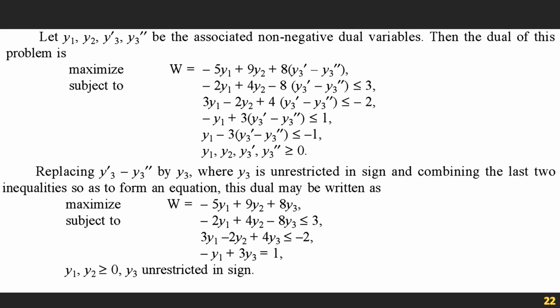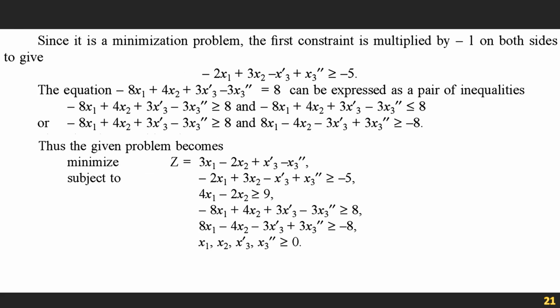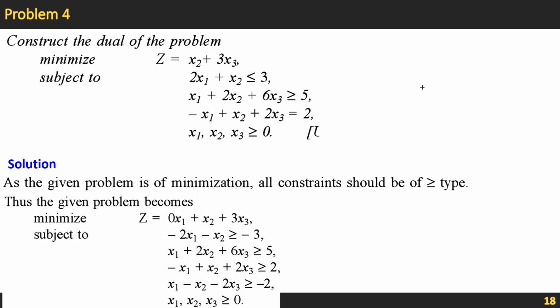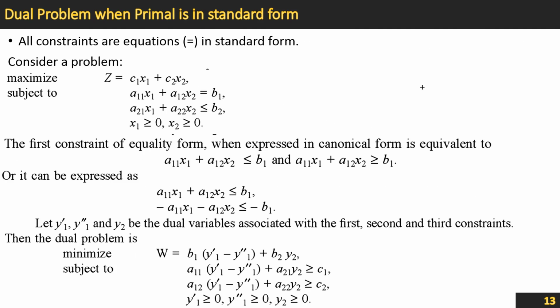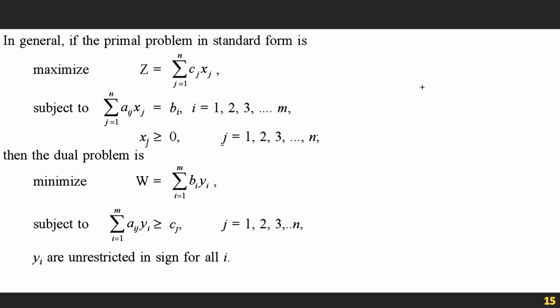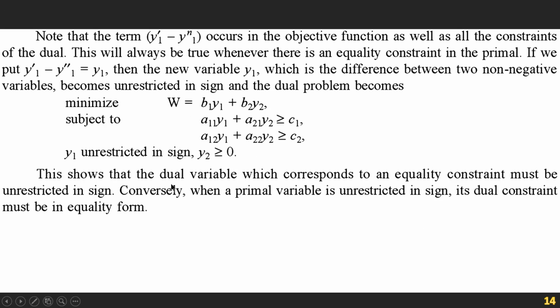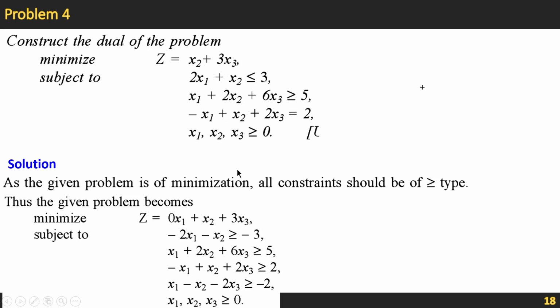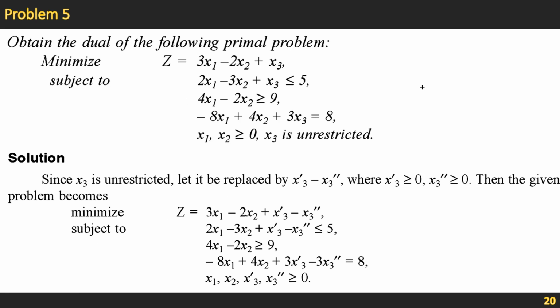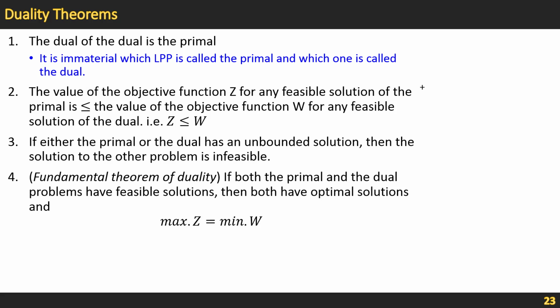So that is how it happens, and there is nothing to worry about how to change it. It is so simple: you follow the steps given for the dual problem when the primal is in standard form. Just follow these steps, and whatever problem comes, you will be able to solve it.